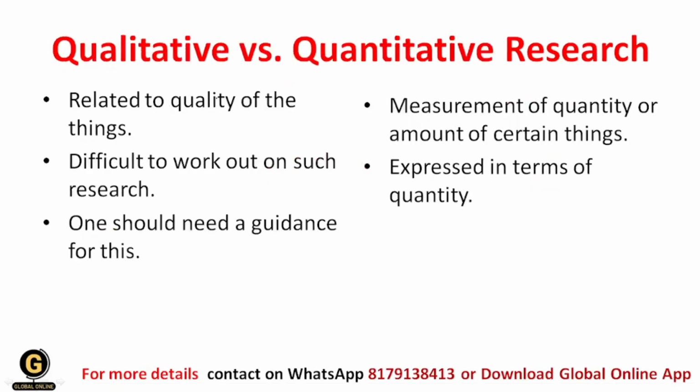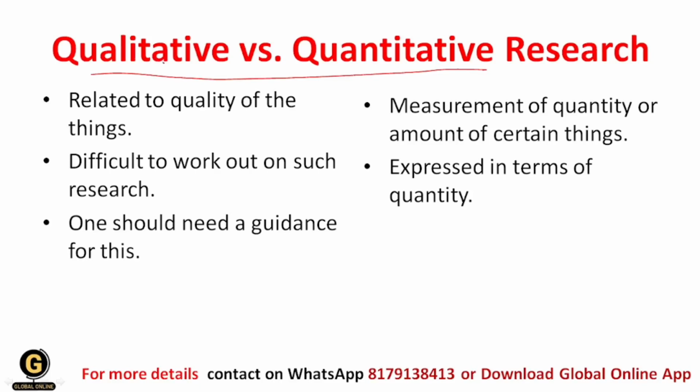Now students, let us see what is qualitative and quantitative research. In the previous lecture we have seen the qualitative and quantitative approach to research. Behind that there was a concept, and the same concept is there for qualitative and quantitative research. I hope you understood what is qualitative and quantitative approach in the previous video.